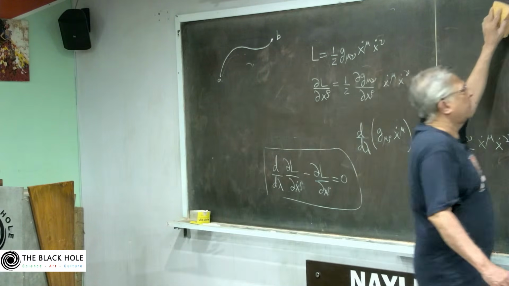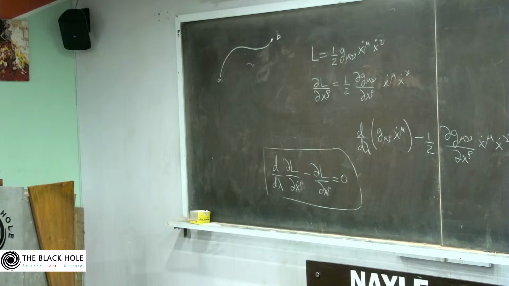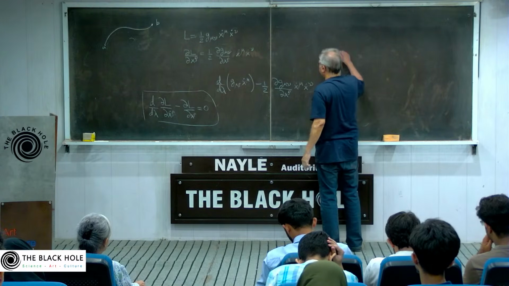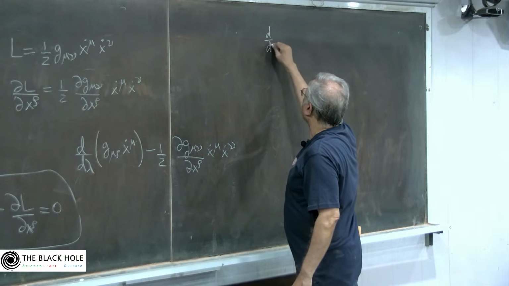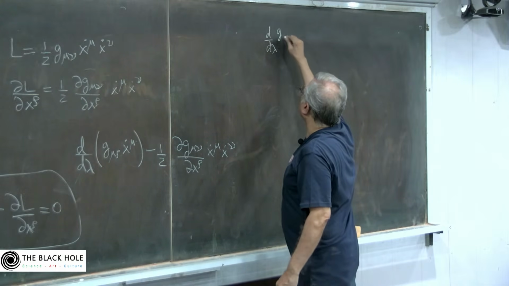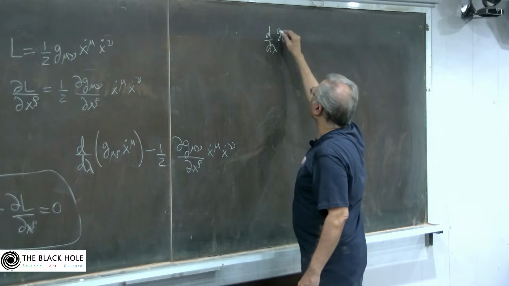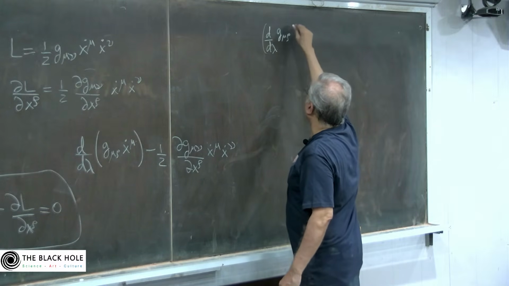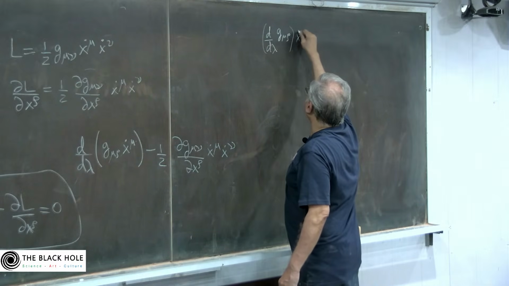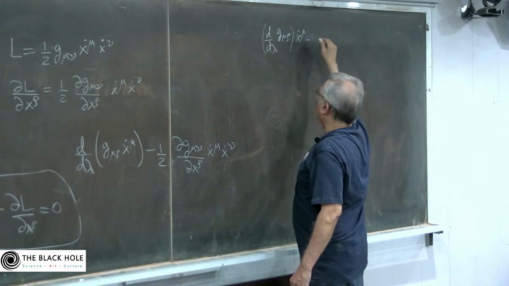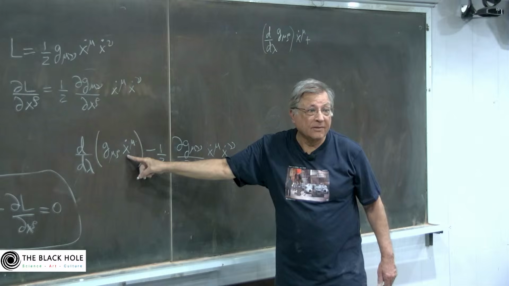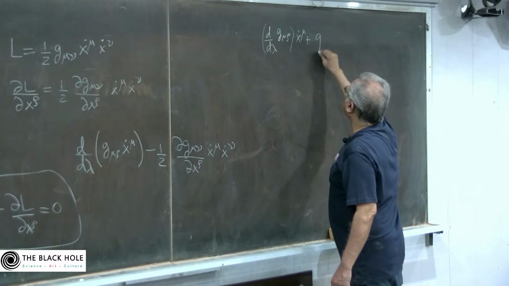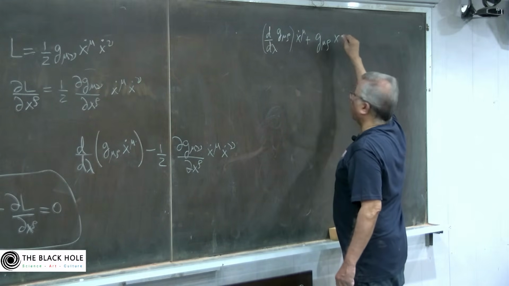And now we are very close. So this is d by d lambda of g mu rho acting on this alone, x dot mu, plus, now it has to act on this. So what do I call that?